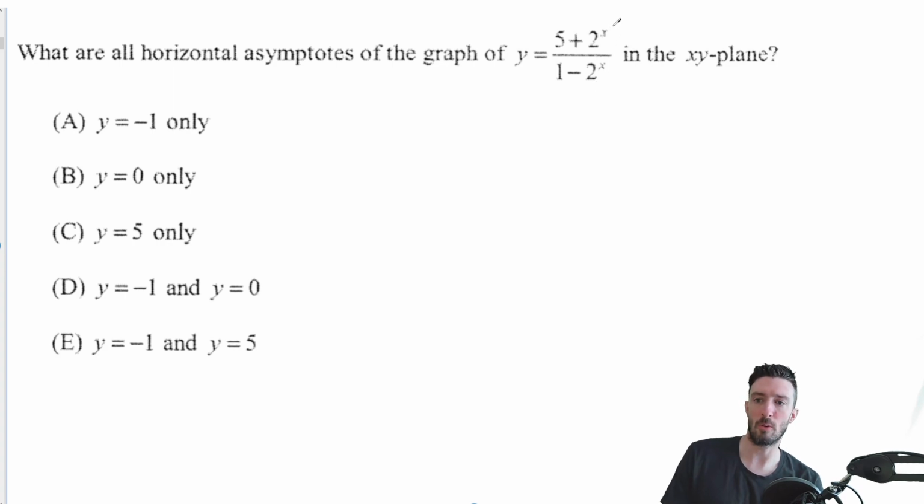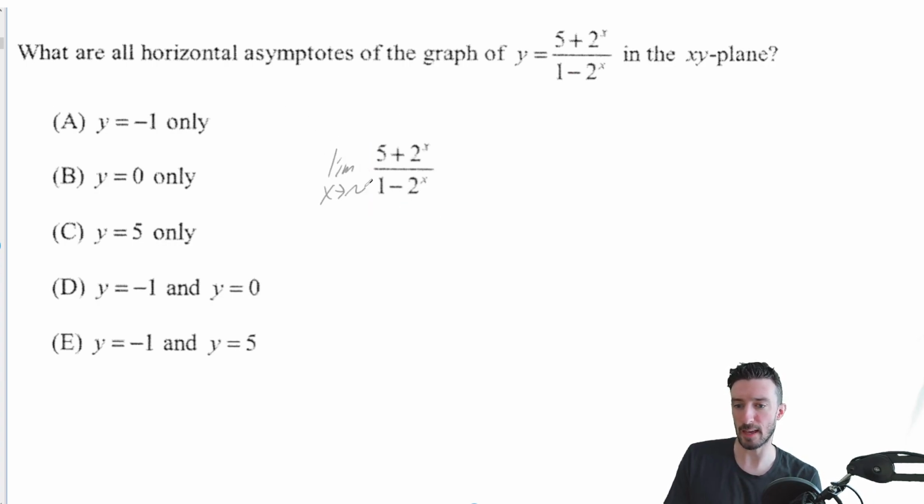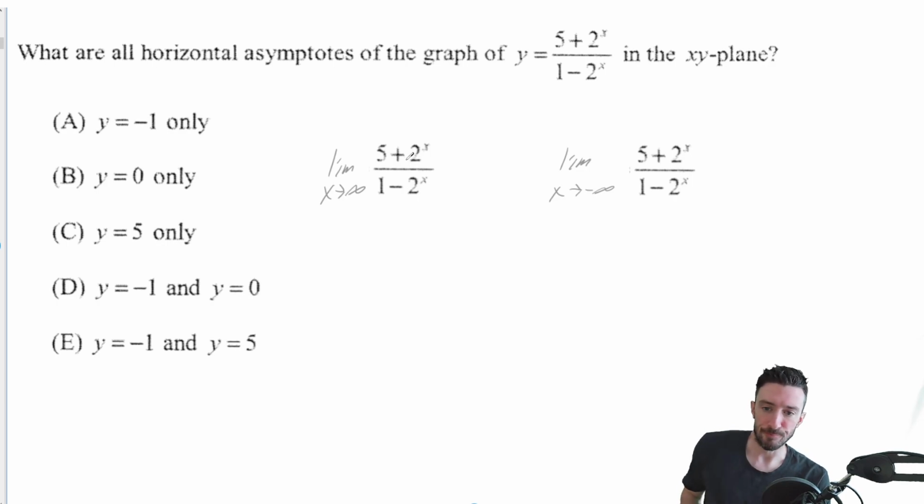Hey, if we want the horizontal asymptotes of this, then we want to take the limit as x approaches infinity, and we also want to consider the limit as x approaches negative infinity. Now, as x approaches infinity, the first step would be to divide everything by 2 to the x.